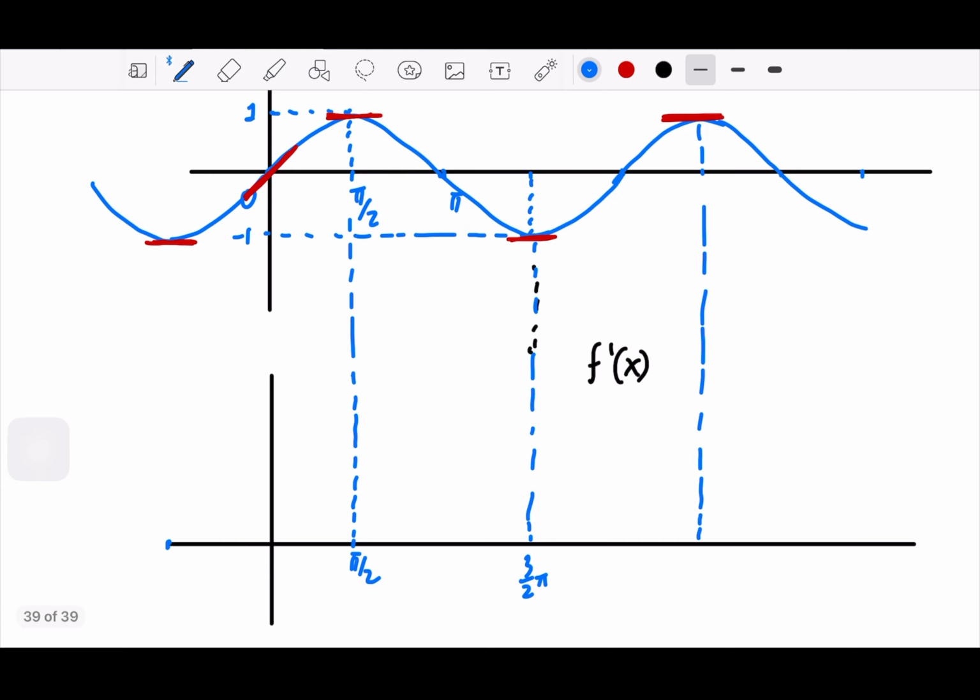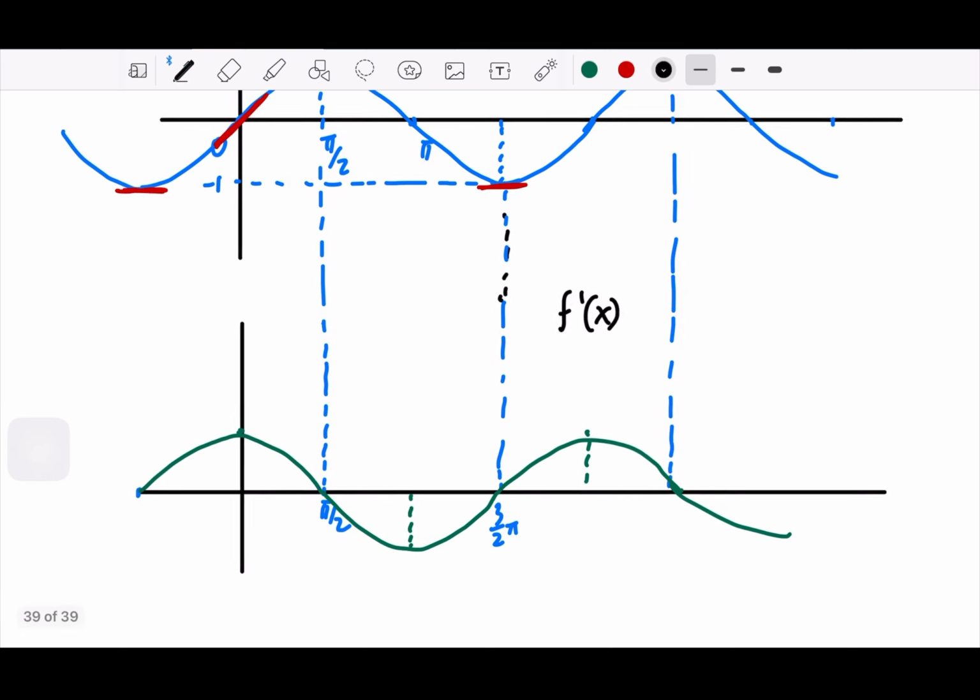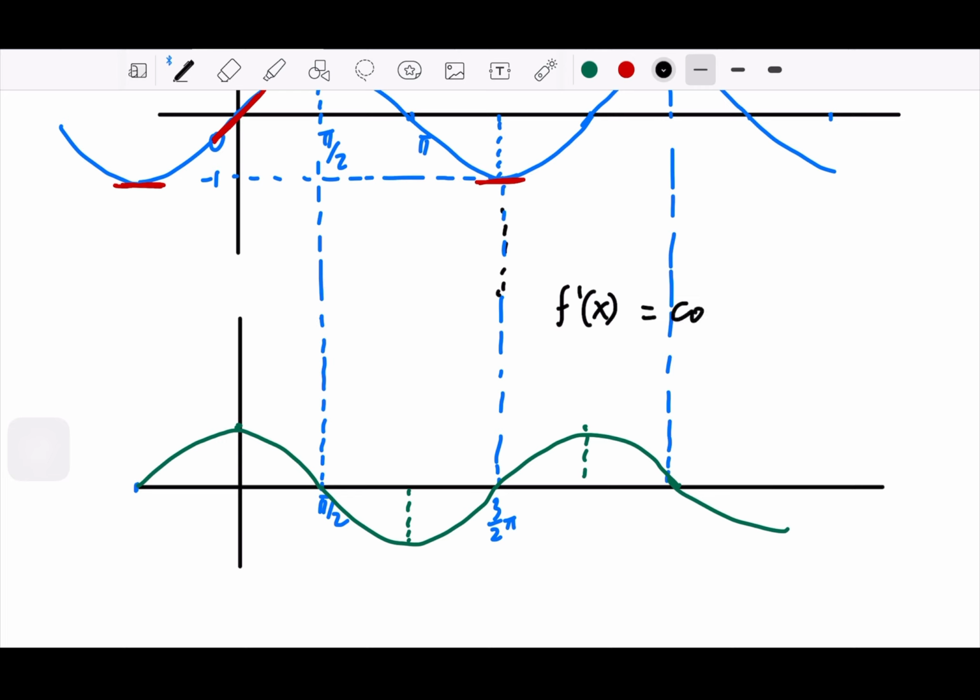So this will be, if we draw it, going to be here. Okay. And practically we get that this is the cosine, right? So from the visuals, we can actually estimate that sine becomes cosine.